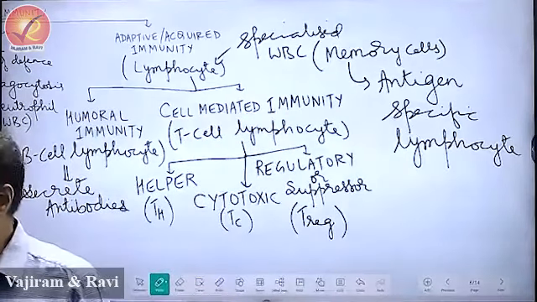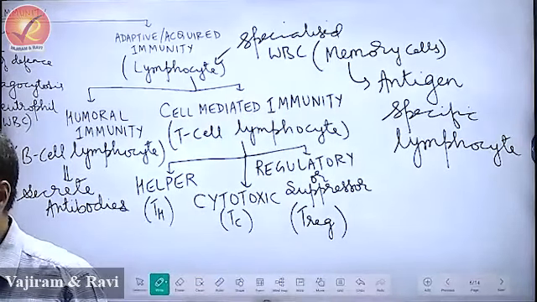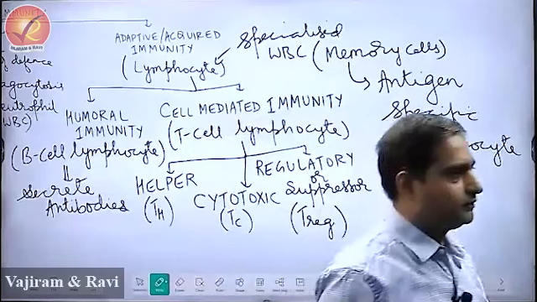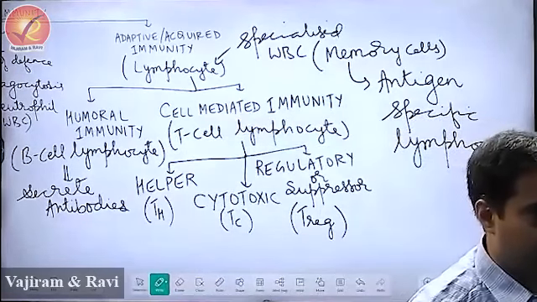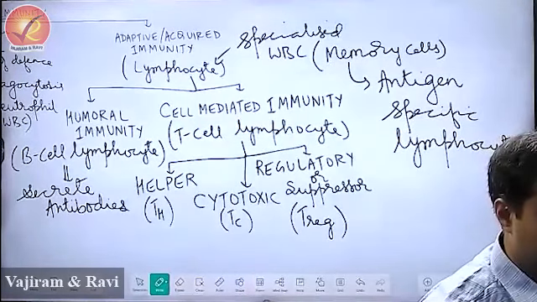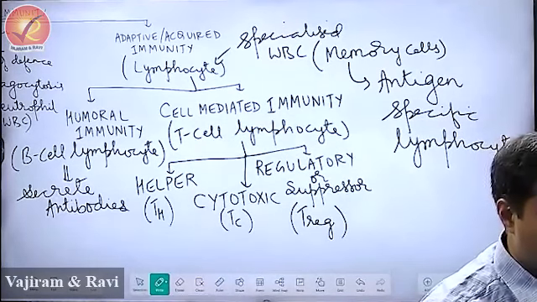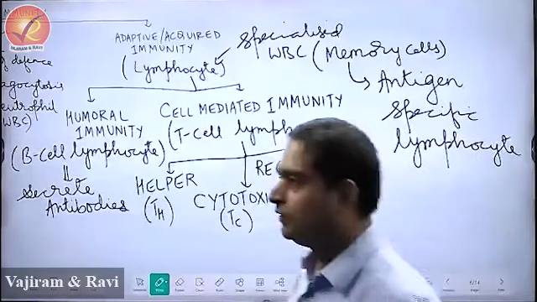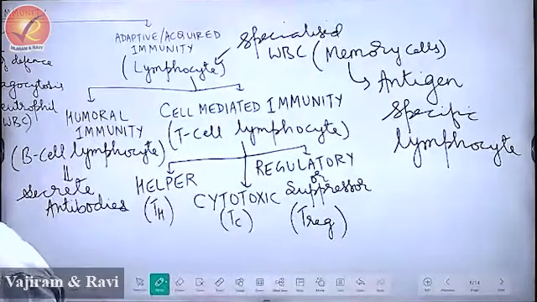So what are memory cells? These are antigen specific lymphocytes. Is it clear? So they are antigen specific. That is the reason why we discussed that the memory cells after vaccination of COVID-19, antibodies do not protect me against other viruses.